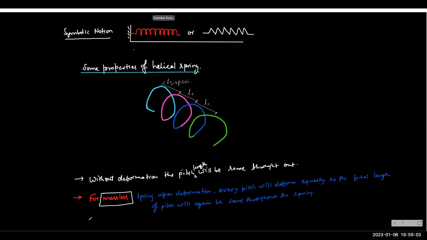So as a theory, you must remember this. For a massive spring, initially the pitch will be uniform. Like without deformation, the pitch length will be same throughout, for massless and massive spring both.